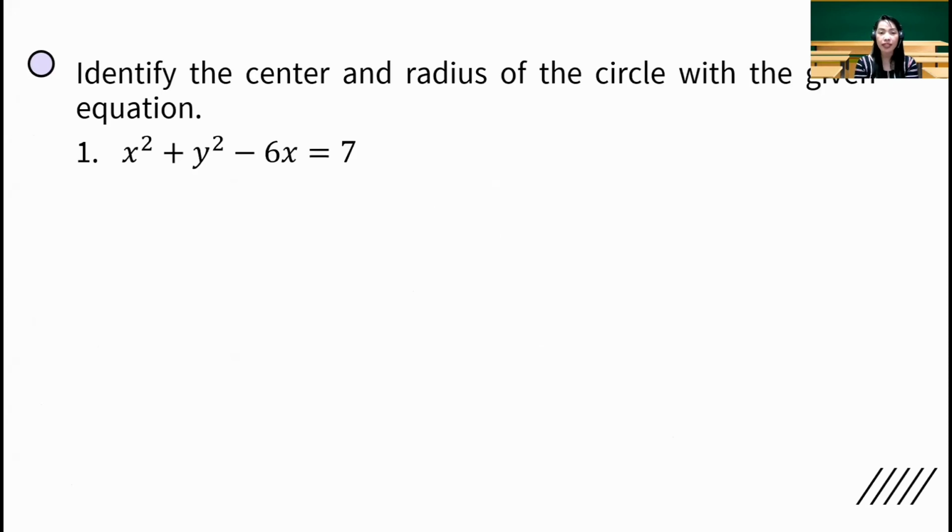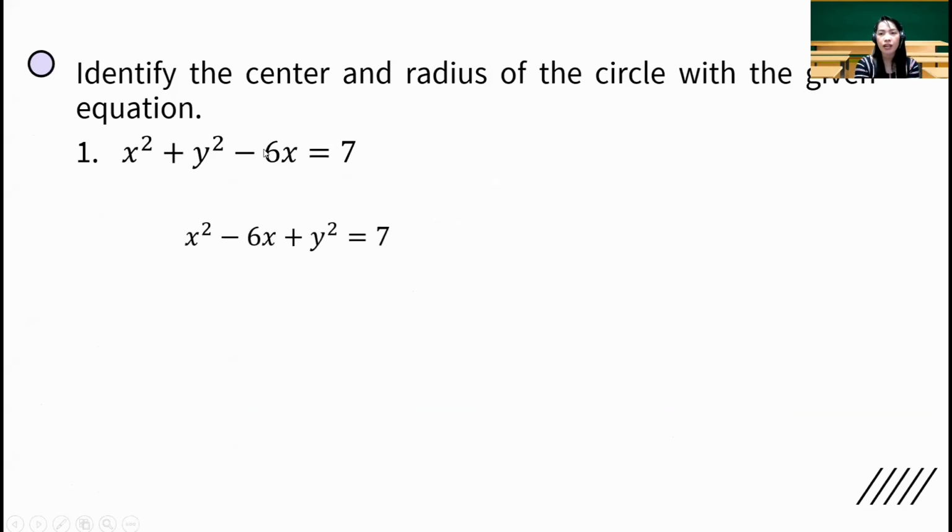Example, we have to identify the center and radius of the circle with the given equation. In here, the given equation is in the general form of the equation of a circle. For us to get the center and radius of the circle, we have to transform the given equation to its standard form. So how to get the standard form of the given equation?